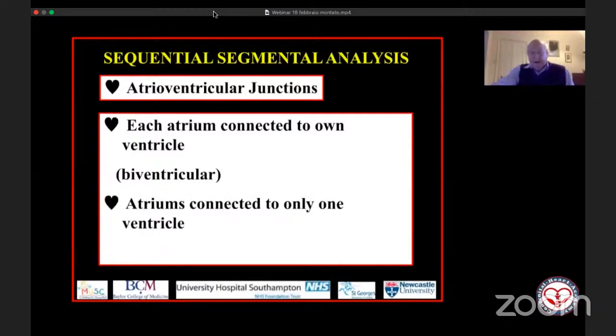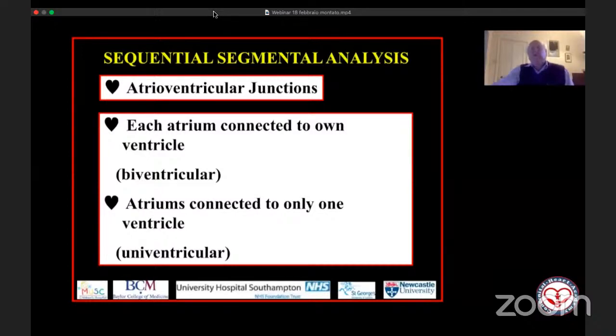And those are the minority of hearts in which the atrial chambers connect to only one ventricle. It is correct to describe these as having univentricular atrioventricular connections. But this group has also been contentious in the past, because for the larger part of my career, patients fitting into this subset have been considered to have univentricular hearts.